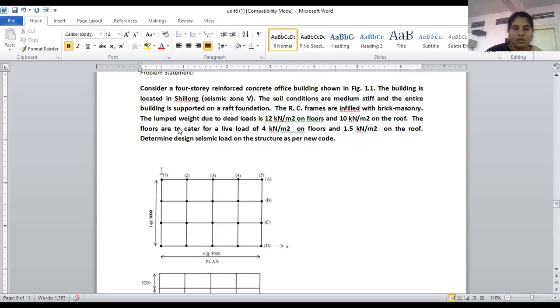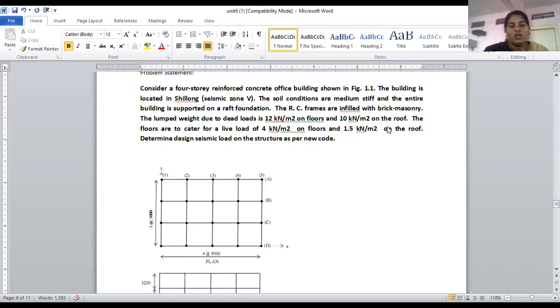The lumped weight due to dead load is 12 kilonewton per meter square on floors and 10 kilonewton per meter square on the roof.